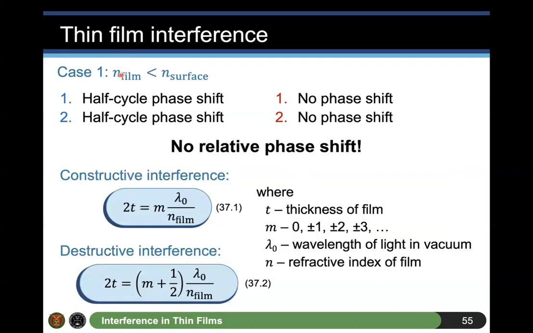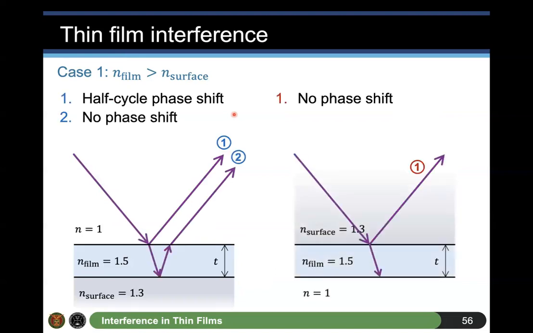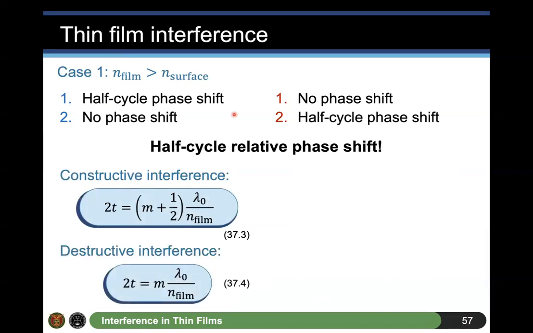Earlier, half cycle plus half is 1 or a full cycle. 0 plus 0 is 0, so 0 or full cycle. So these are the same, either case, no relative phase shift. In this one, either case, you have a remaining half cycle phase shift. In that case, our equations will be reversed.